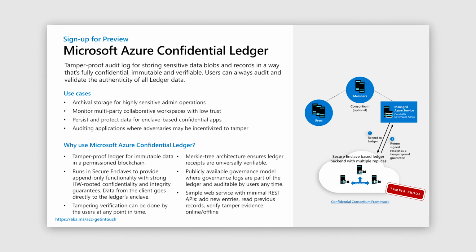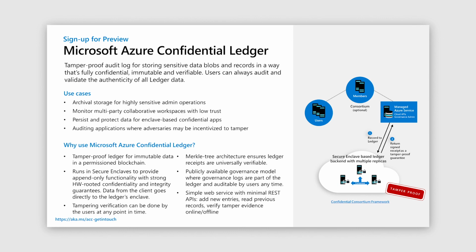What this lets you do is gives you an audit trail to verify and validate the authenticity of all the data that you're generating. Now, as you can imagine, the use cases of this are multiple. You want to make sure that the highly sensitive admin operations that are happening on your data sets are logged, and you know that the data is completely tamper-proof.